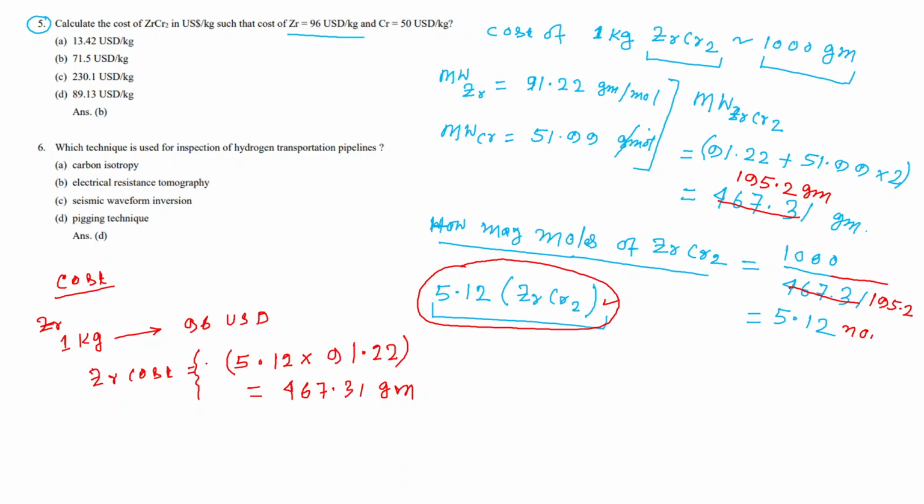Okay. So it is given that 1 kg of Zr costs 96. So for 467.31 gram Zr, the cost will be, it is simple, 96 divided by 1000 gram multiplied by 467.31.